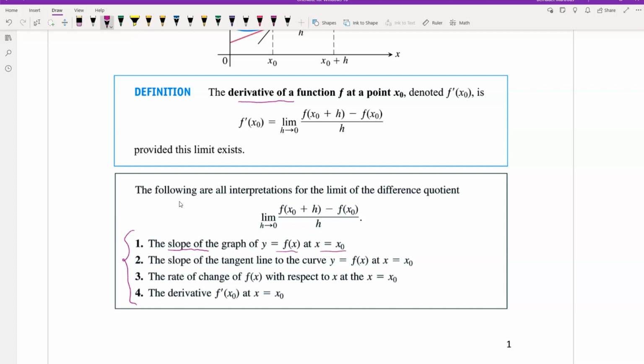That is the same as the slope of the tangent line to the curve y equals f of x at x equals x naught, or the rate of change of f of x with respect to x at x equals x naught, or the derivative f prime of x naught at x equals x naught. So all of these are interpretations for the limit of the difference quotient.